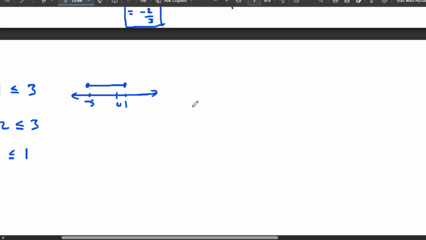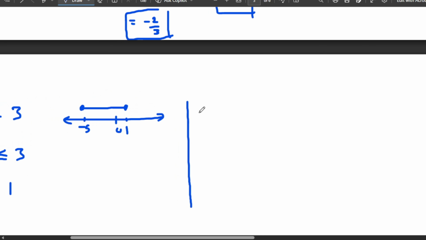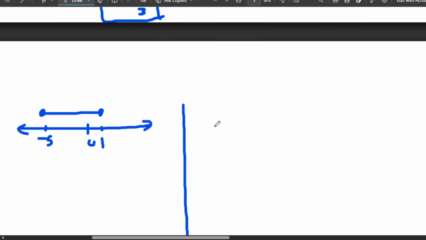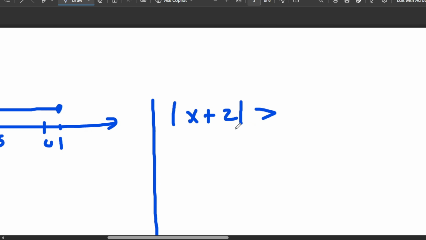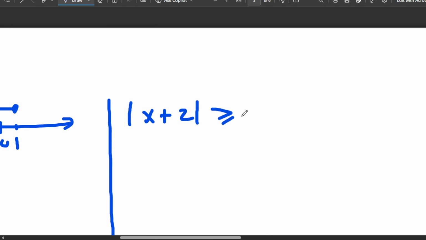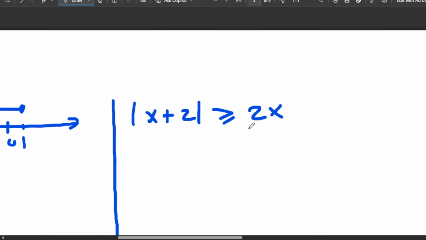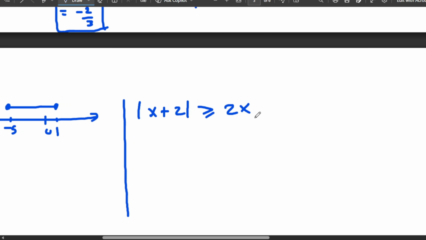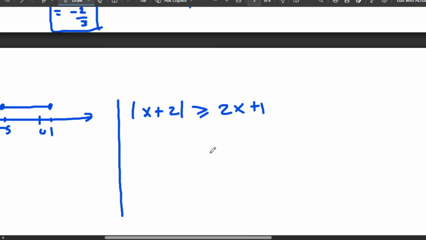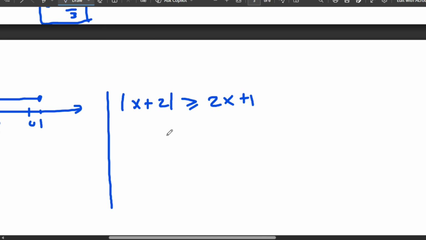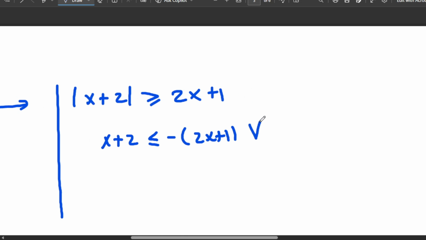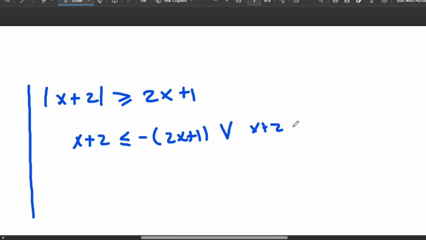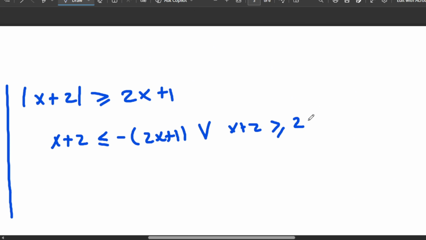How about a different one, where the inequality goes to the right? Let's say absolute value of x plus 2 is greater or equal to 2x plus 1. In this case, we have x plus 2 is less than or equal to negative 2x plus 1, or we have x plus 2 is greater or equal to 2x plus 1.